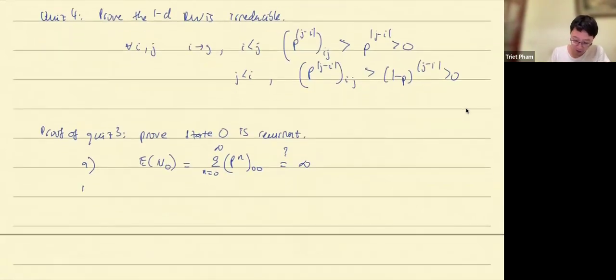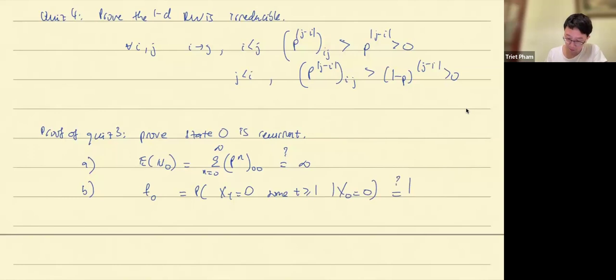The second way is to look at F0, which is the probability that you return to 0 starting at 0. And you want to show that somehow it's equal to 1. Now I've been, let's say, actively discouraging you from using this tool.